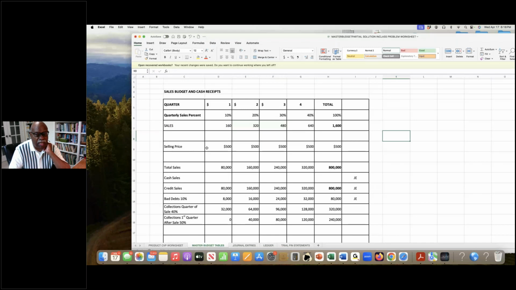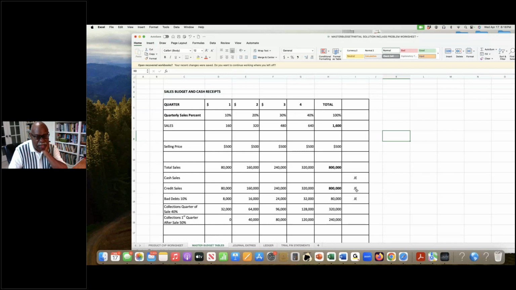We then put in our selling price of 500, and multiplied each of these items by 500 to get the sales for each quarter. We said all the sales were credit sales. When we totaled them out, they were 800,000, and that's how we got our journal entry.